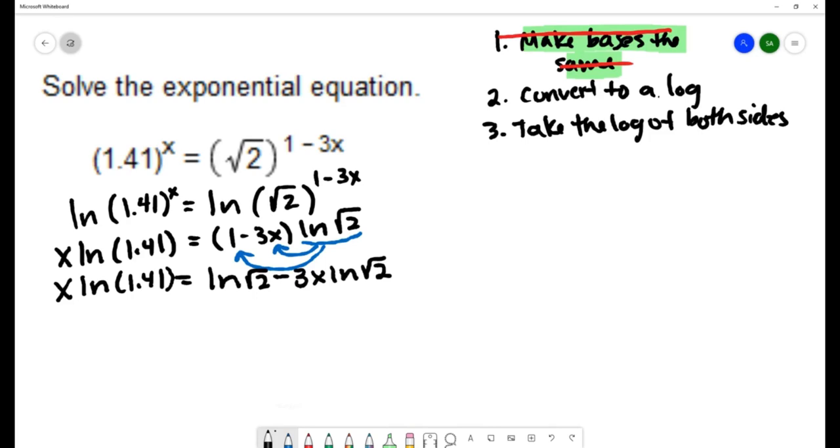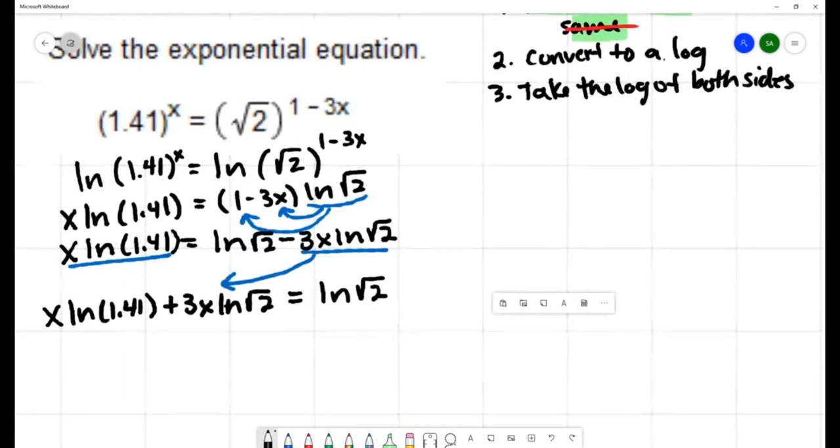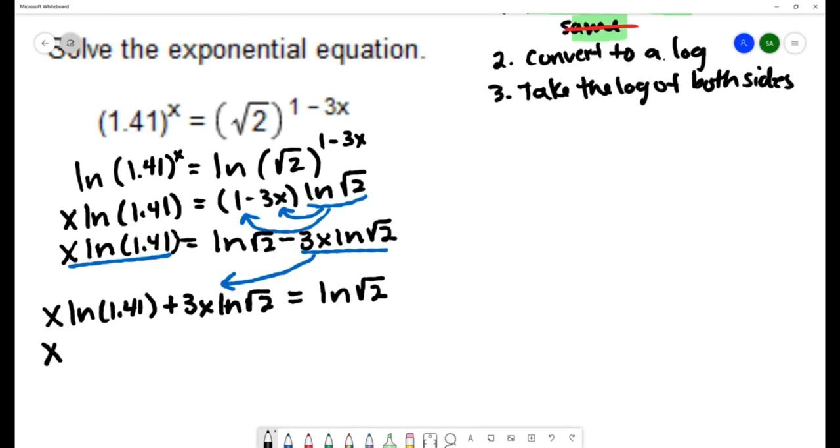And I want to start collecting the x's. So this term and this term have x's, and I want them on the same side of the equation. So I'm going to move this to the left. So that's going to give me x natural log of 1.41 plus 3x natural log square root of 2 equals natural log square root of 2. And now that I've collected the x's on one side, I can now factor out the x.